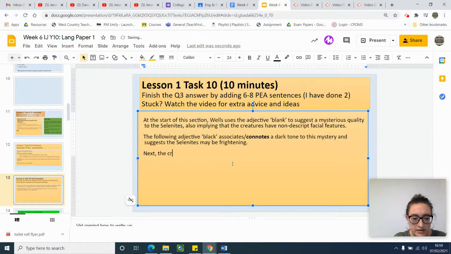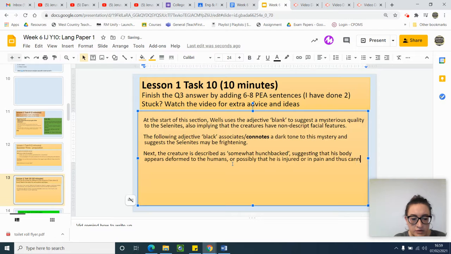Next, the creature is described as somewhat hunchbacked, suggesting that his body appears deformed to the humans, or possibly that he is injured or in pain and thus cannot stand up properly. Okay, so connective, the creature is described as, my quote, and then what that is suggesting, what inferences, what impressions I'm getting.